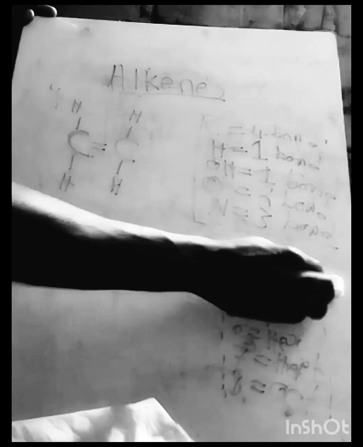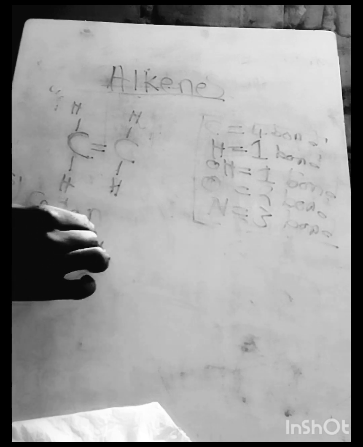Okay, and if you want another structure, for example, one with 4 carbon atoms, CnH2n, where for C we put 4, and H2 times 4 is equal to C4H8.